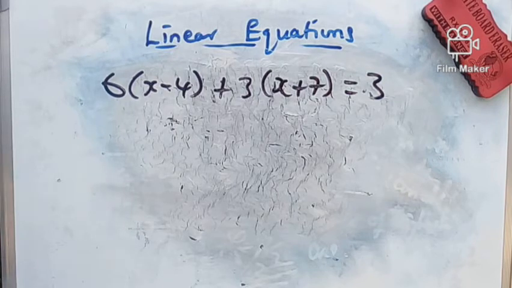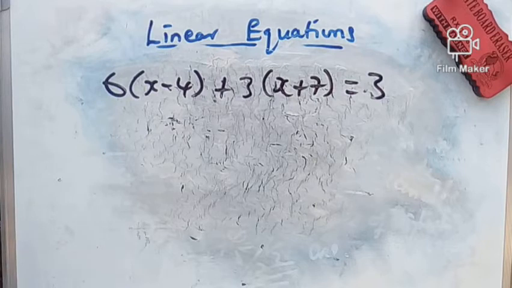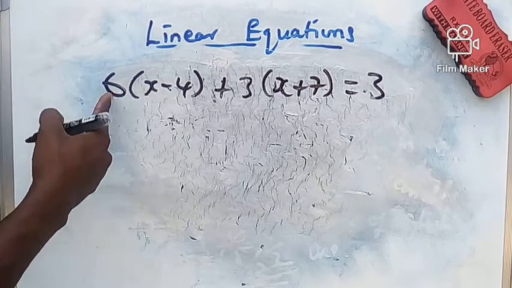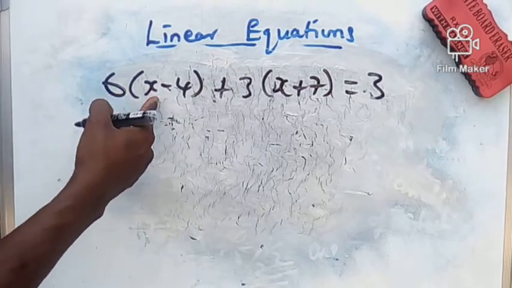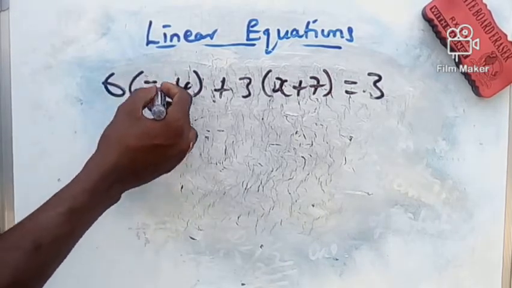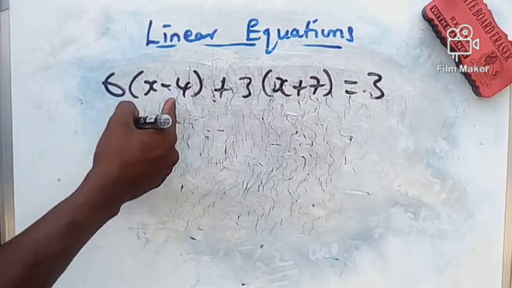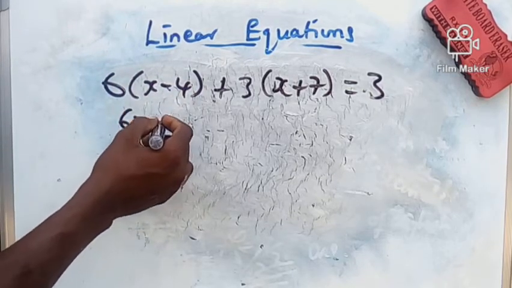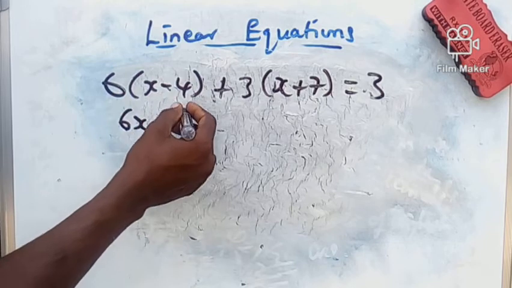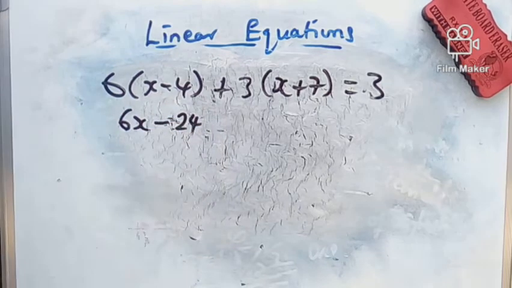So to tackle this problem, the first stage is do not collect the like terms yet. The first stage you're going to do is simply take the brackets off. To take the bracket off, we multiply it by the constant in front of the bracket. So 6 times x, we have 6x. 6 times minus 4, we have minus 24.